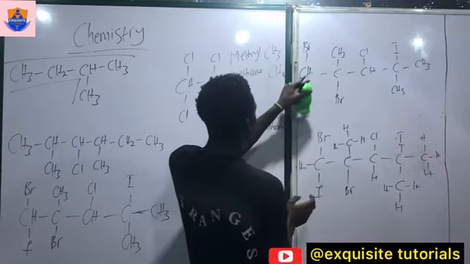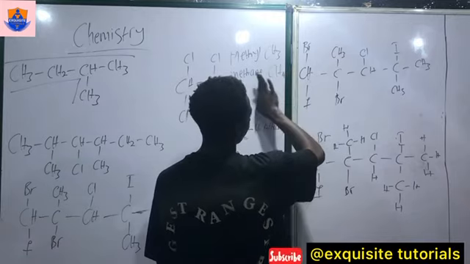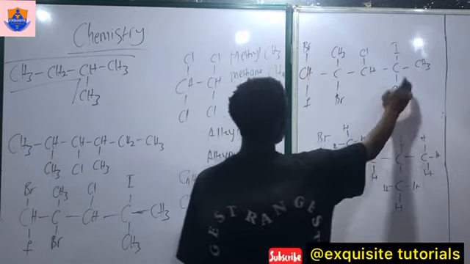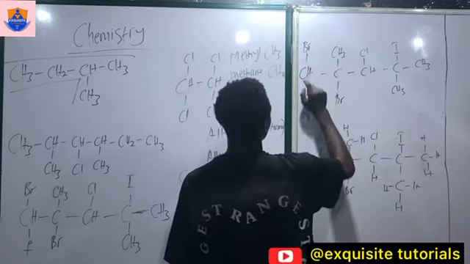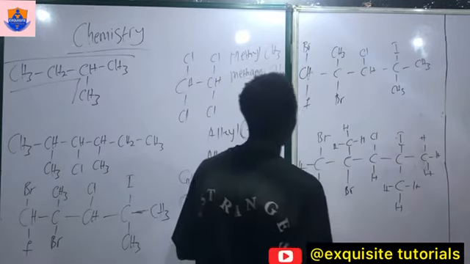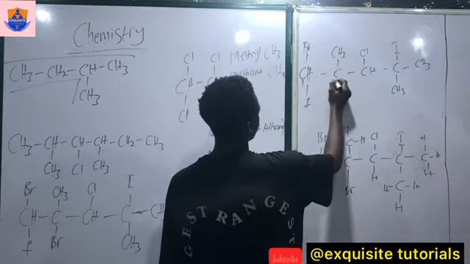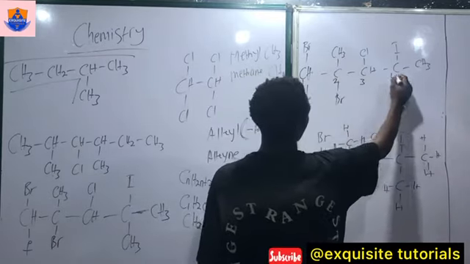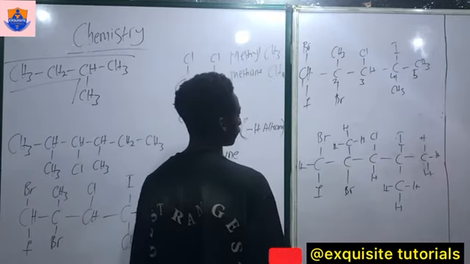Now this side is the least, because there's no other carbon from this side before it. So if you come from this side, we have 1, 2, 3, 4, 5. Sorry, 1, 2, 3, 4 to this one. So it is long. Okay. So now how do we name? We name from this side. So we count 1, 2, 3, 4, and 5.